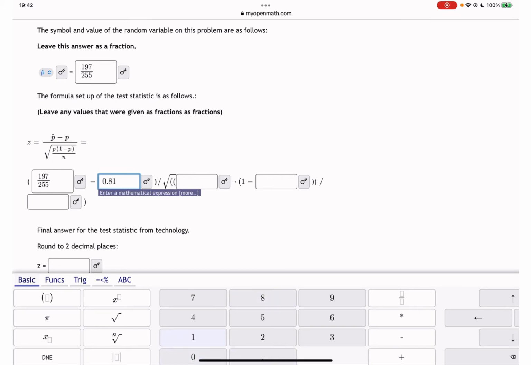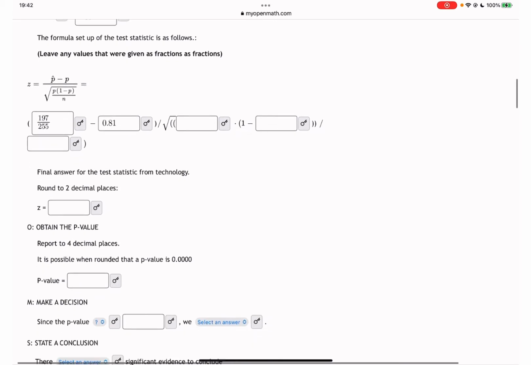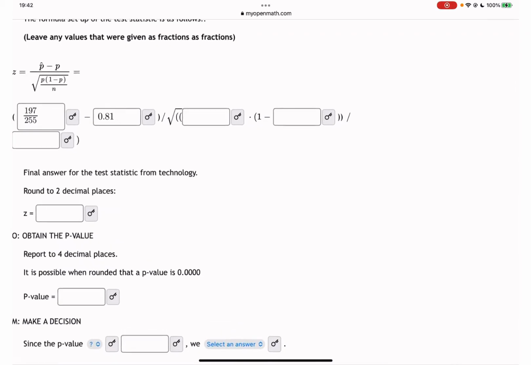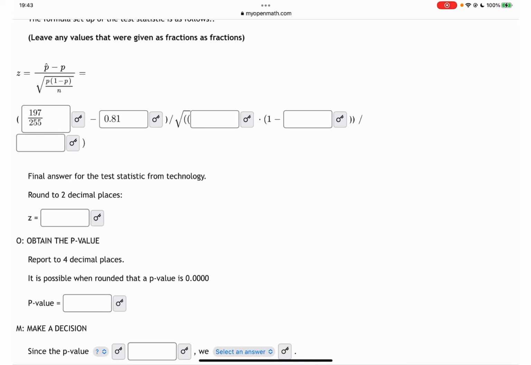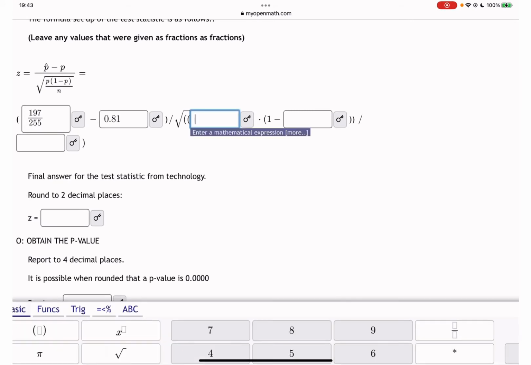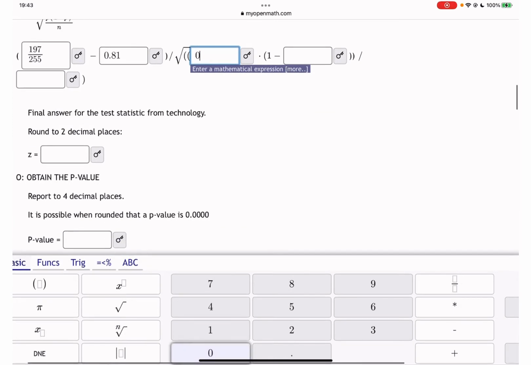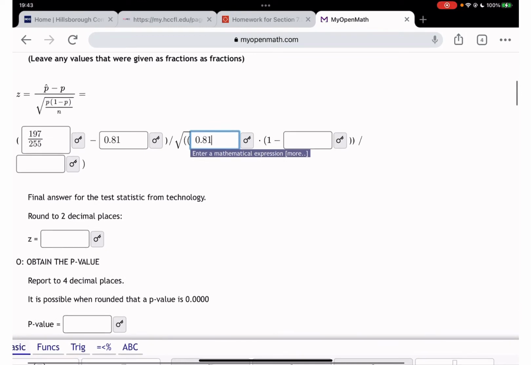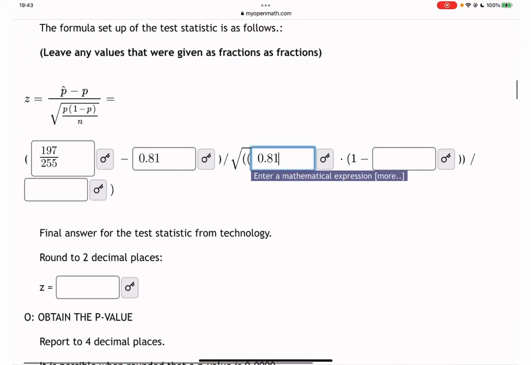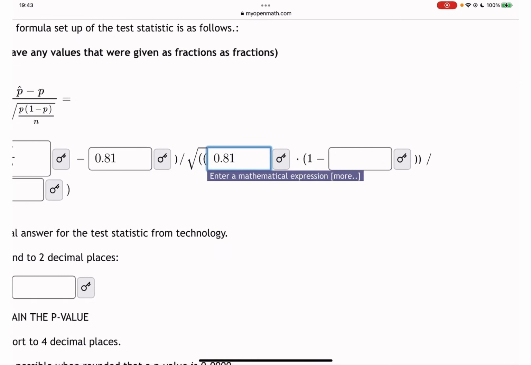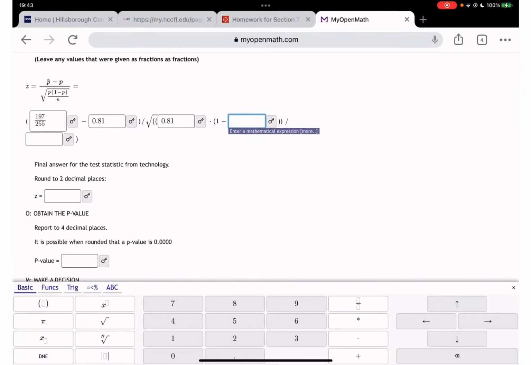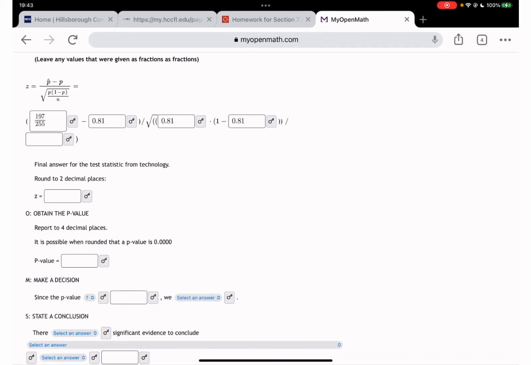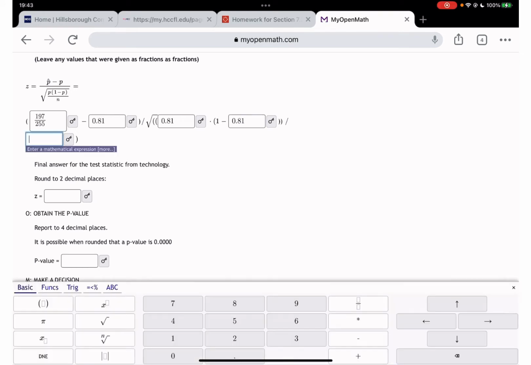Percentage. Okay, we got that. And then we are dividing by the square root of p times 1 minus p, so 0.81 times 1 minus 0.81, and dividing by n. Our n was 1020, right?